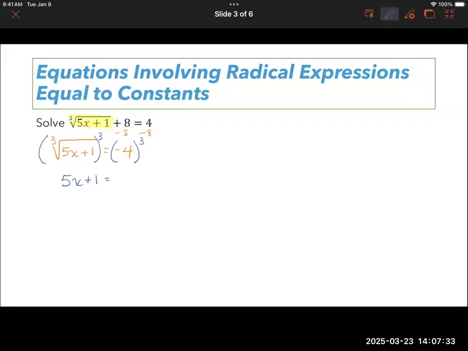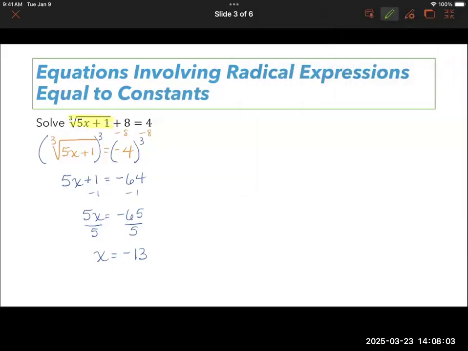On the right-hand side, I'm taking -4 and cubing it, which gives me a -64. And then I continue until I get x isolated to find my solution. So I will subtract 1 from both sides and get 5x equals -65, and then divide both sides by 5 to find that x appears to be equal to -13.